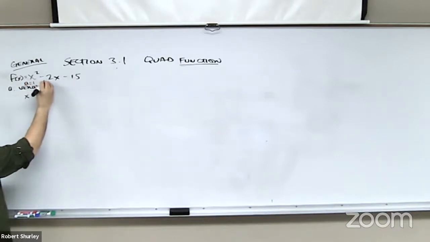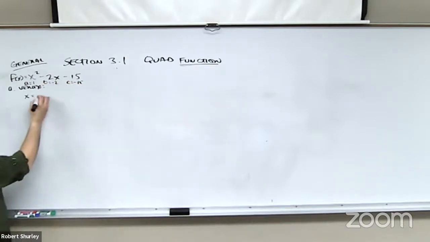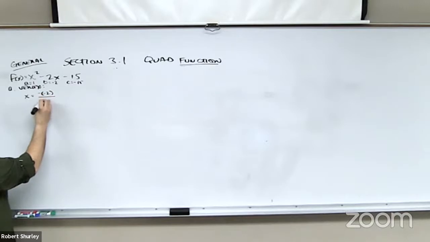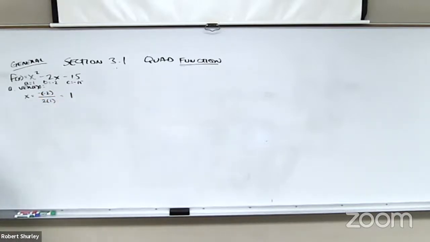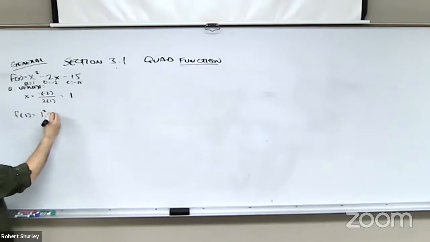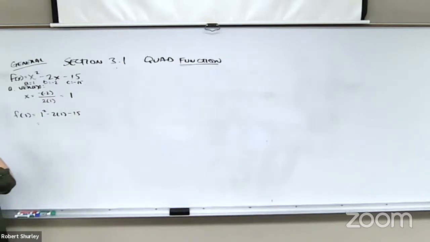A is going to be 1, B is negative 2, C is negative 15. So negative b over 2 times a. Do you guys get 1 for the x? Plug 1 in. 1 minus 2, negative 16. You guys get that for the vertex? I got 1, negative 16.